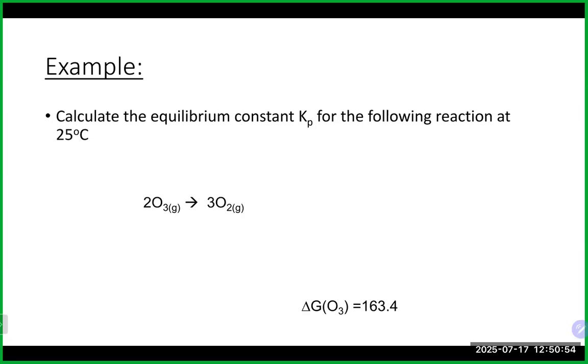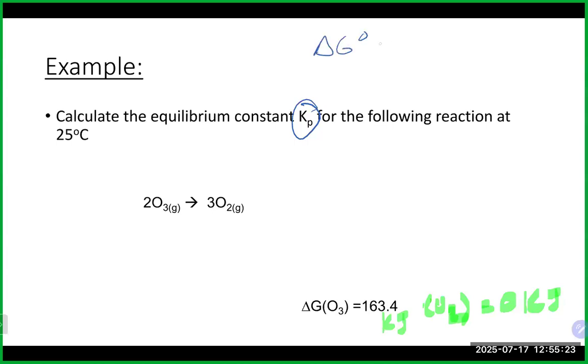All right, so why don't you give it a go here. Calculate the equilibrium constant for the following reaction. This is the delta G value there, and the delta G for O2 is 0 kilojoules. Obviously, this has something to do with the equilibrium constant, so that's definitely the sort of delta G equation we want to use.